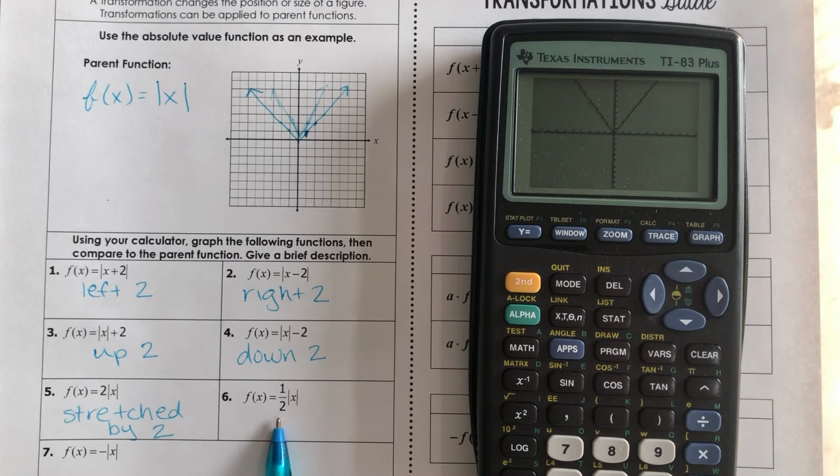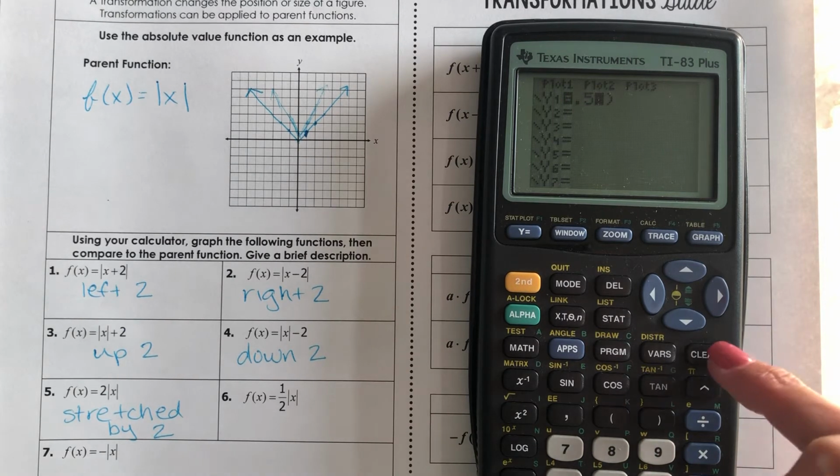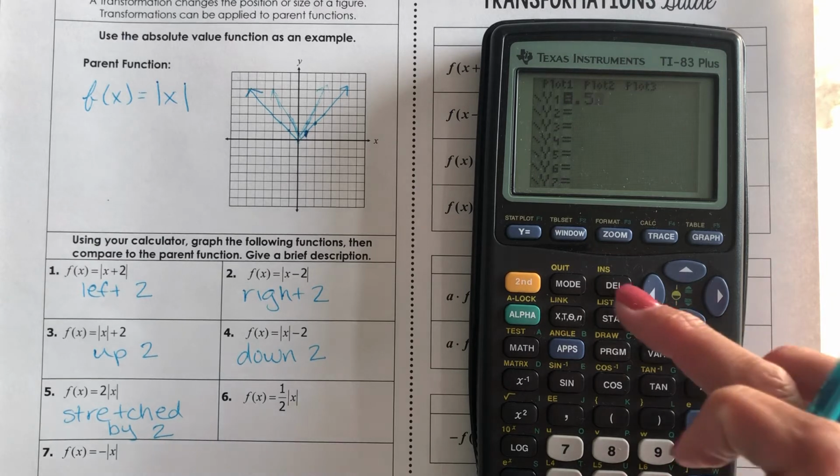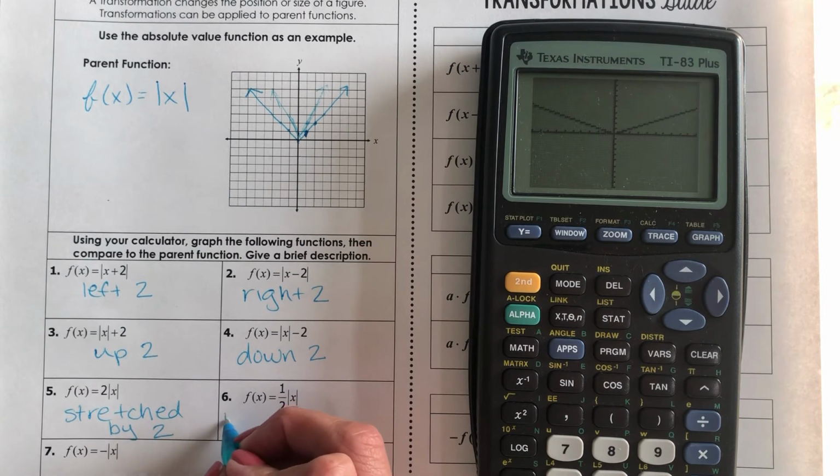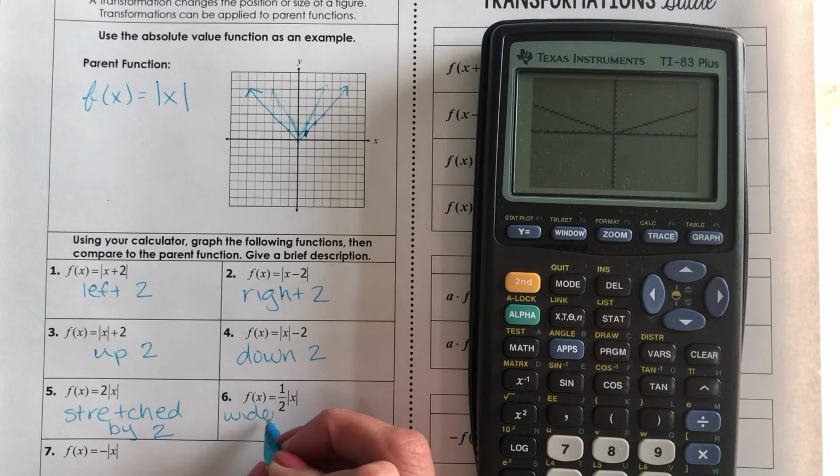I bet you can guess what this would do. This would change your slope to up 1 over 2. We'll just do this real quick. Change this to 0.5. Oh, it's not going to let me do that. So I'm going to go 0.5, math, absolute value, x. Ooh, it got wider, fatter. So this widened by 1/2.